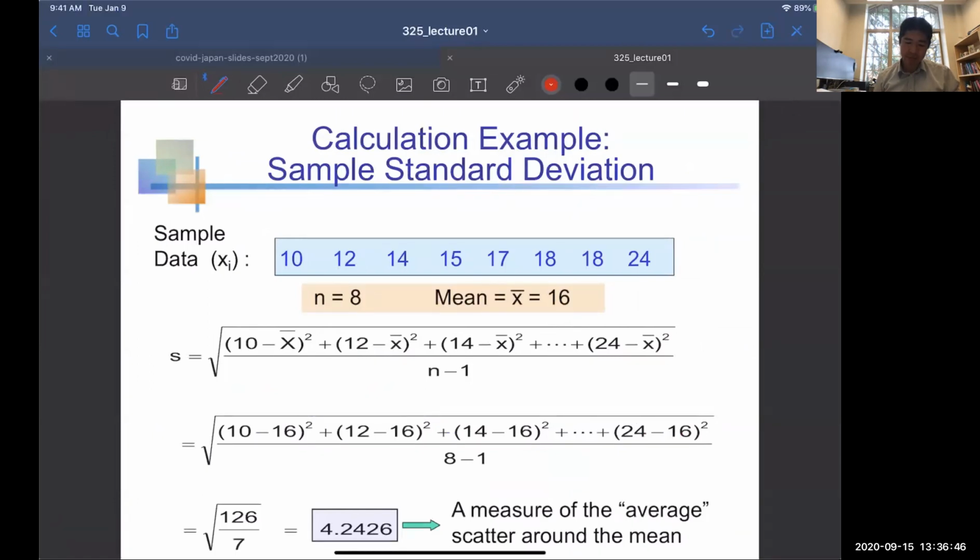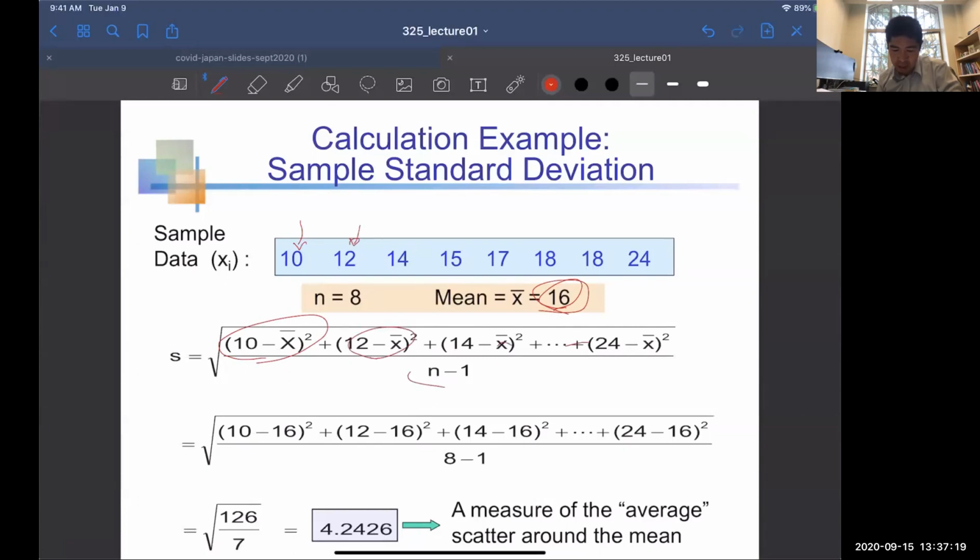So for example, suppose you have 8 observations. If you compute the mean, it turns out to be 16. So how am I going to compute the sample standard deviation? First, for each observation, I compute the square distance from the center of the sample, which is 16. You do that for the first observation, the second observation, and so on.